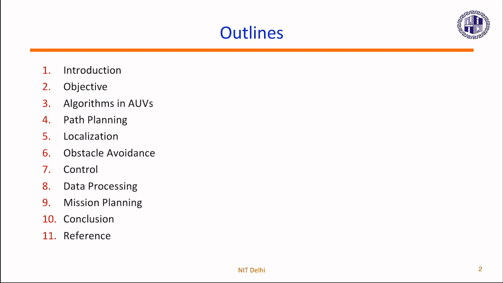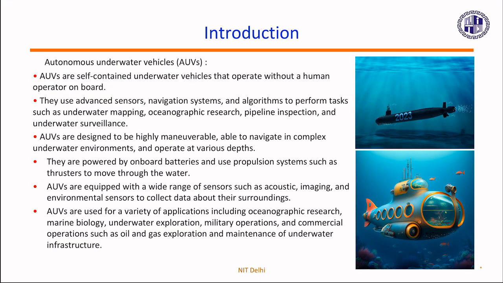So what are autonomous underwater vehicles, also known as AUVs? AUVs are self-contained robots designed to perform tasks underwater without human intervention. They are equipped with various sensors including sonar, cameras and other navigation instruments to help them navigate and collect data.